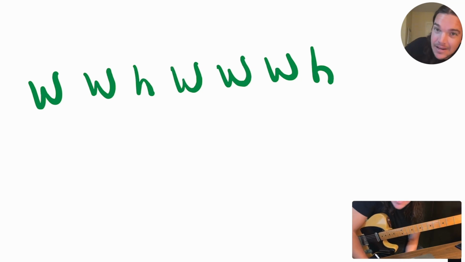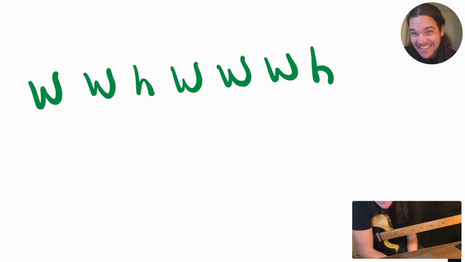This pattern right here is super, super important. It is the basis of creating a major scale. And the major scale is basically how we in modern times look at every single other type of scale. So this is very, very important.